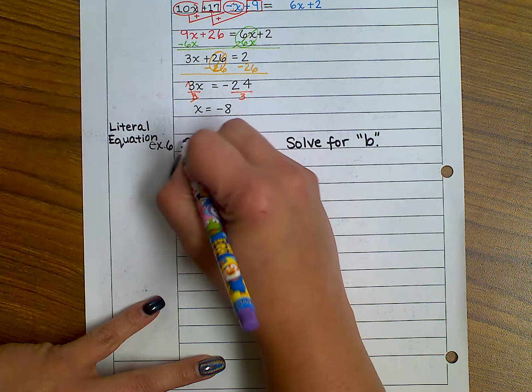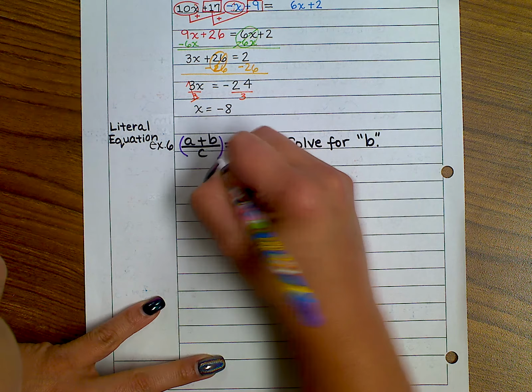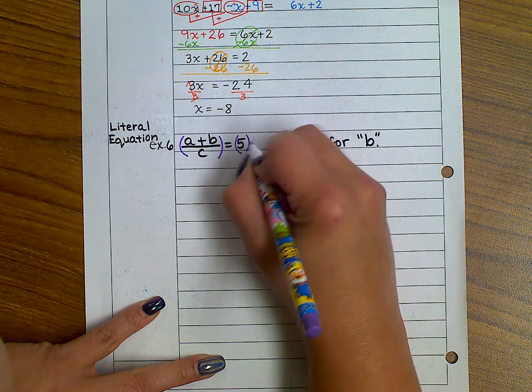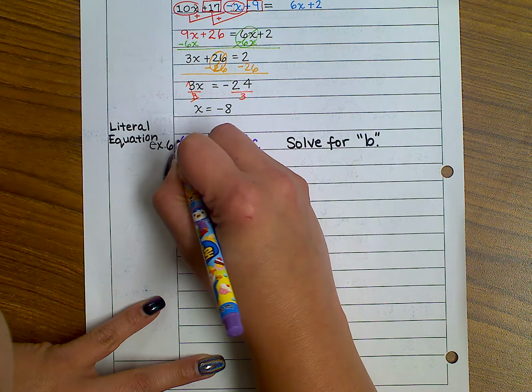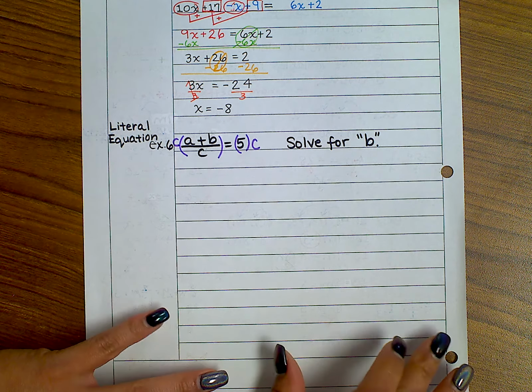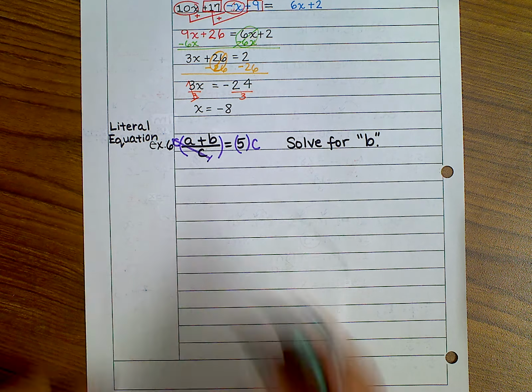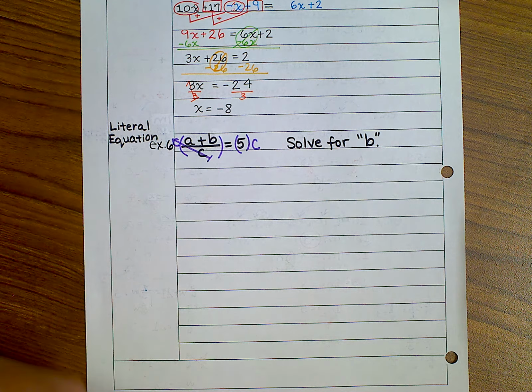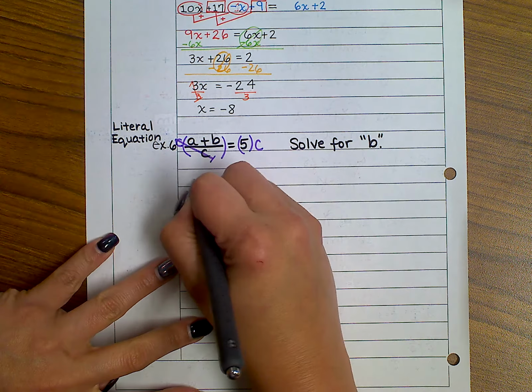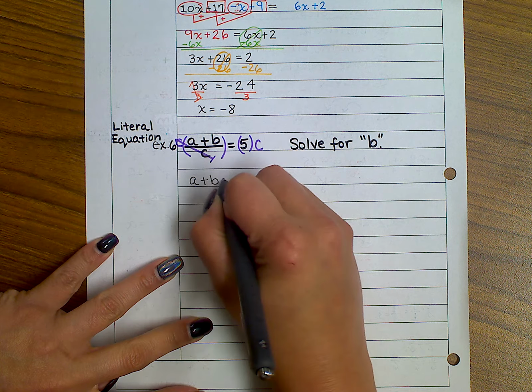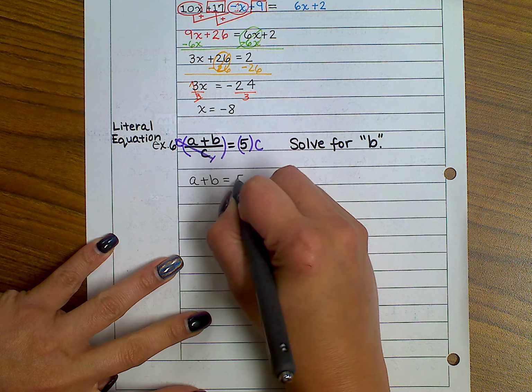So that means I want to multiply both sides by C, because C over C reduces to 1. Okay, so now that leaves me with A plus B is equal to 5C.